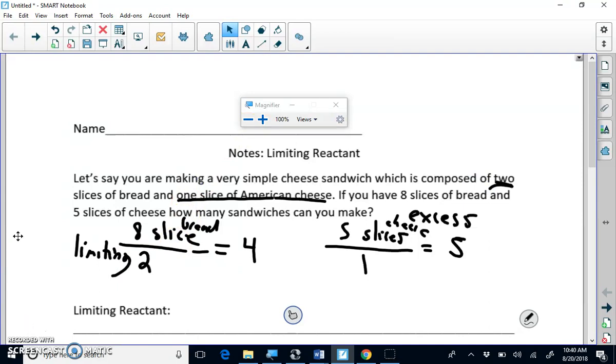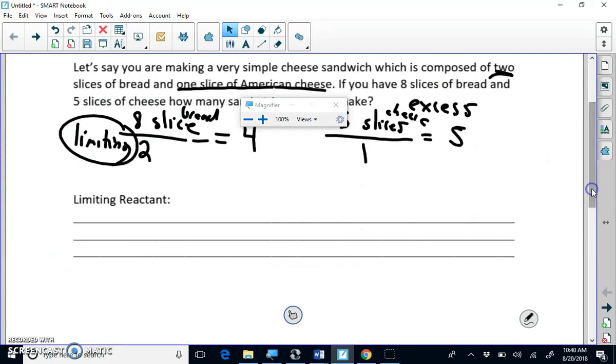When you do limiting reactant problems, it's important to know that the limiting reactant will be completely used up. So there'll be no more bread after you make your 4 sandwiches. And for the reactant that's in excess, there'll be some left over. So let's briefly define limiting reactant in sentences.